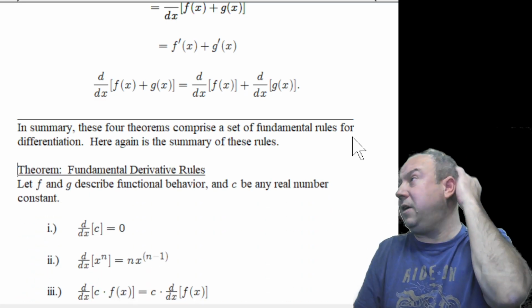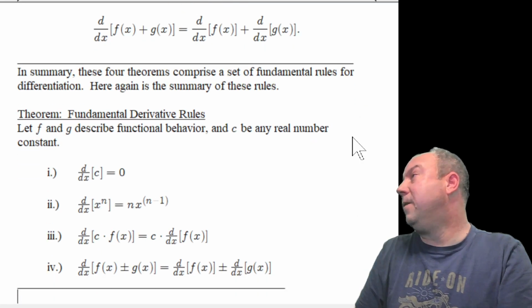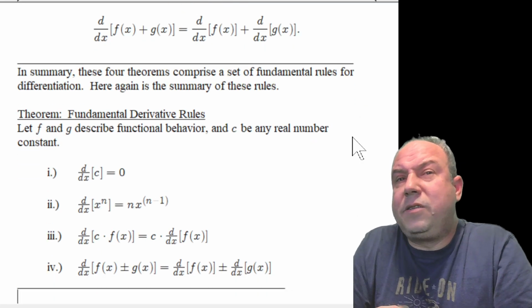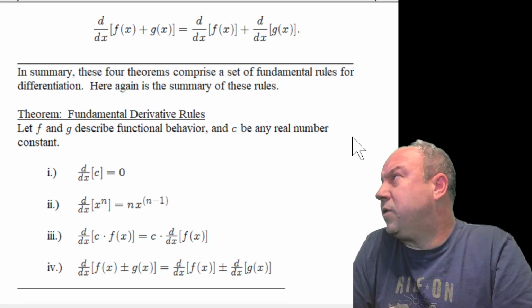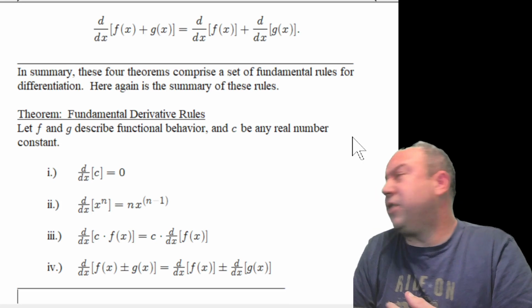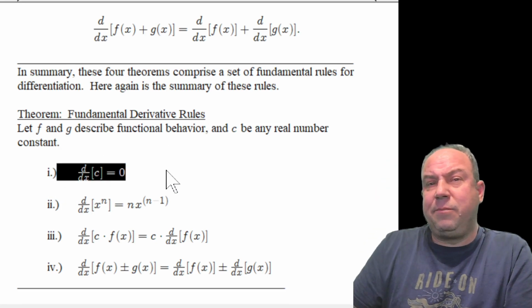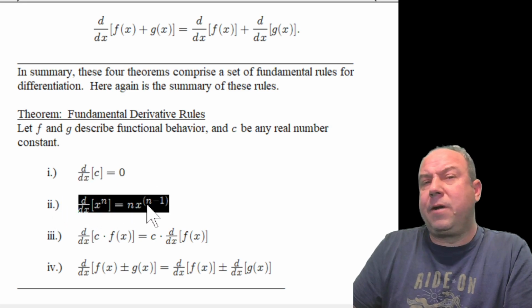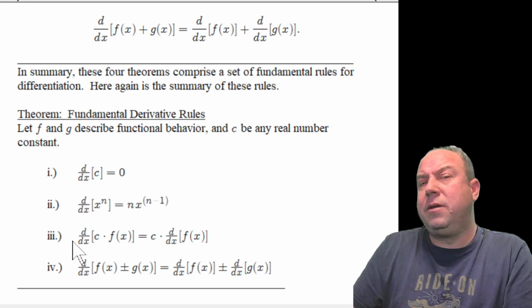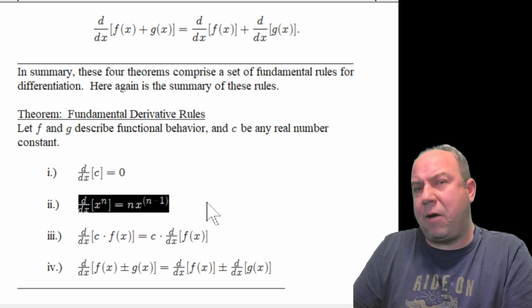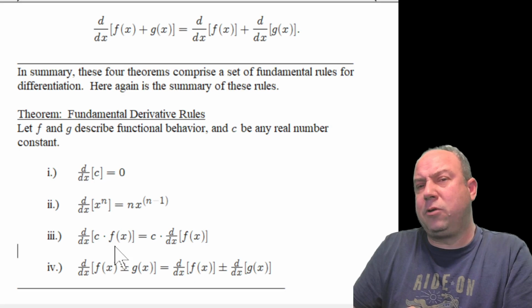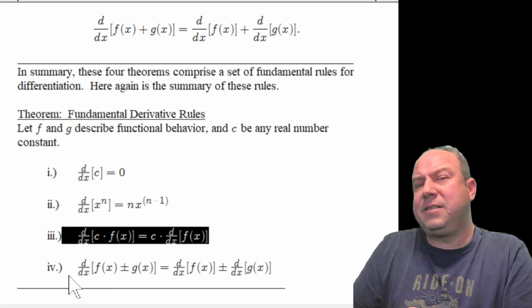just collectively, right? These are the four fundamental derivative rules that are presented in this section. You have the constant multiple rule, right? You have the power rule. Careful. This is the constant rule, power rule, constant multiple rule, and sum and difference rule.